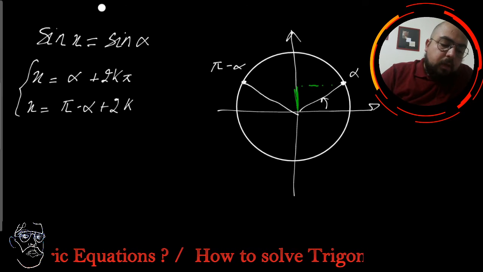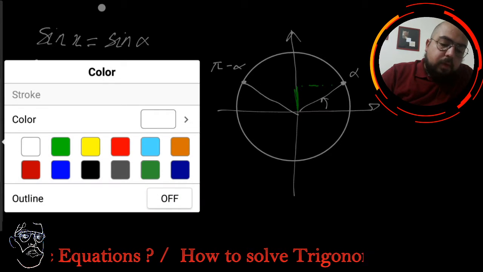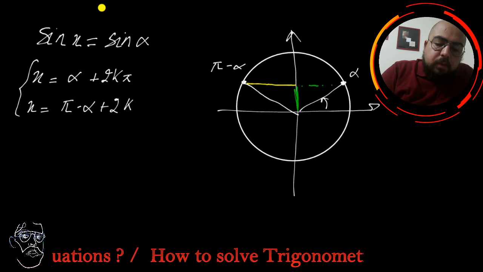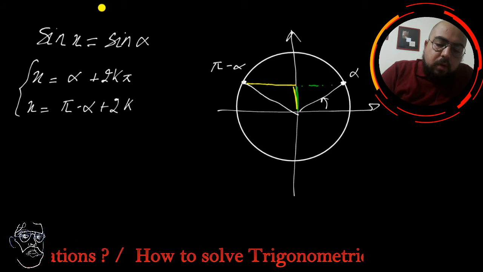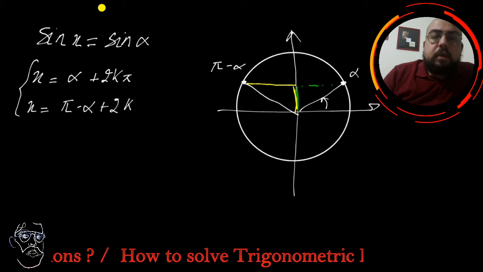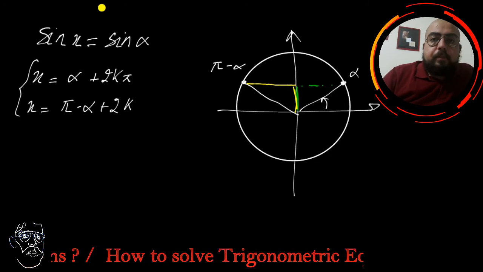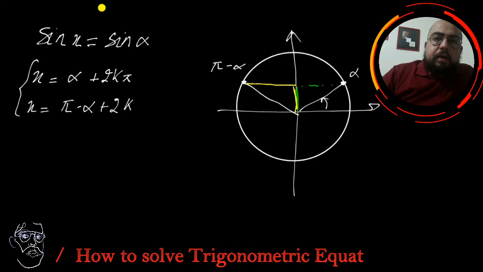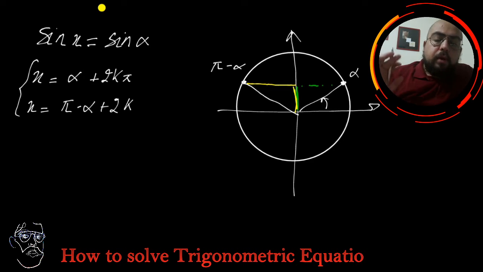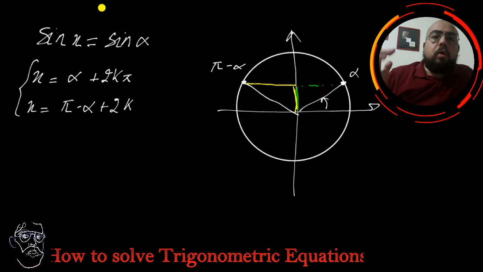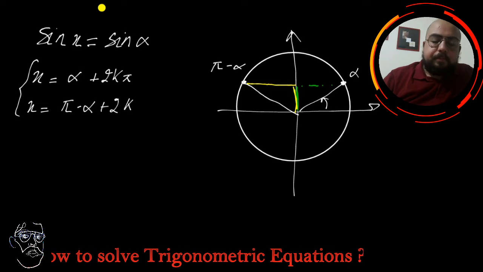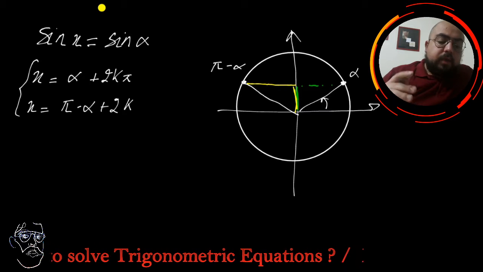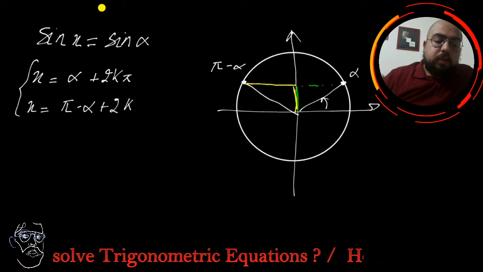If I calculate sine of pi minus alpha, it gives me the same segment. So for a certain angle alpha, I can have the same value of sine, whether the angle is alpha or pi minus alpha. This was the case where sine x is equal to sine alpha.